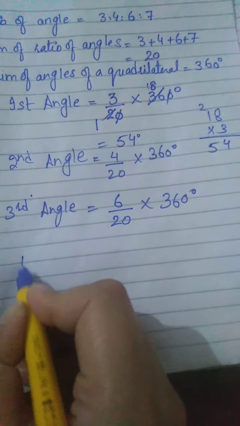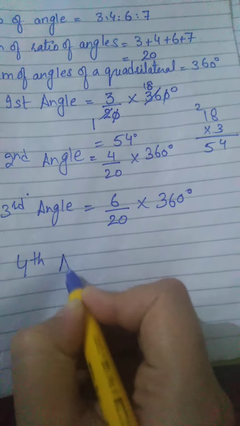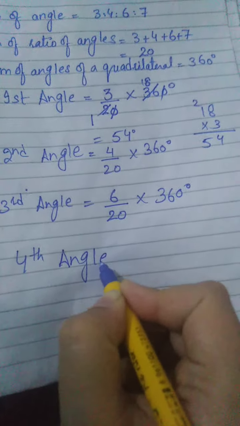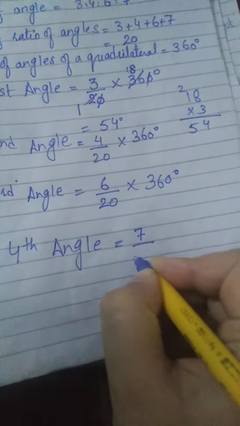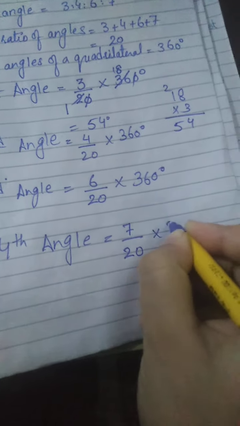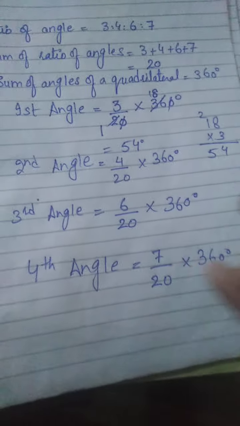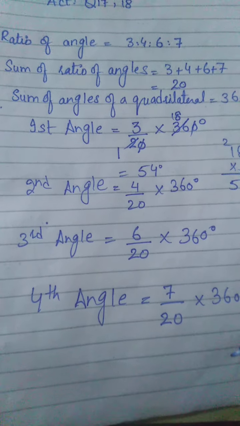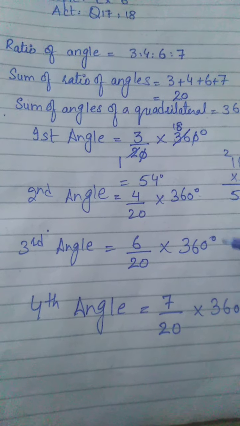And for the fourth angle, write the fourth ratio divided by the sum of ratios, multiply by 360 degrees. Solve it and you will get the second, third and fourth angles.